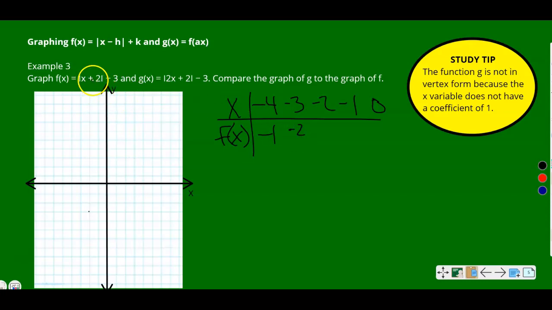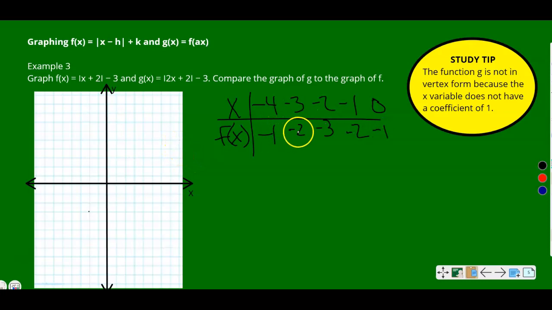Take negative 2 plus 2 is 0. 0 minus 3 is negative 3. Take negative 1. Negative 1 plus 2 is 1. 1 minus 3 is negative 2. And 0 would be 2. 2 minus 3 is negative 1.